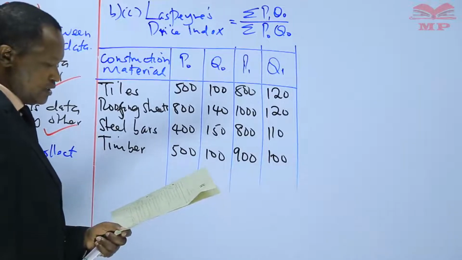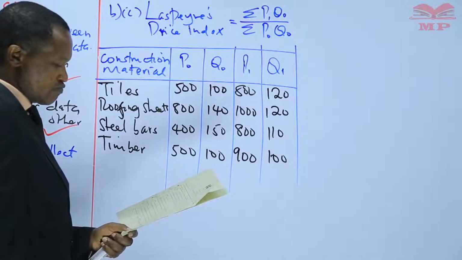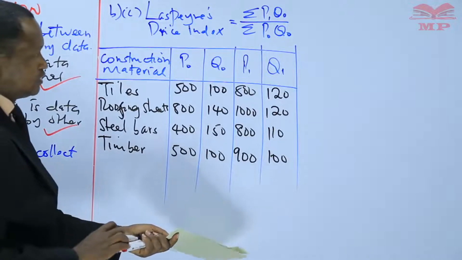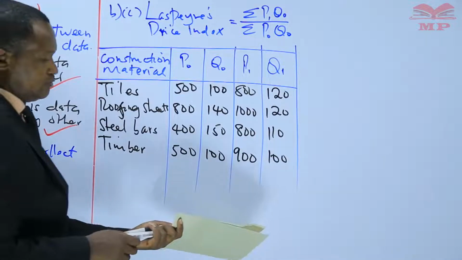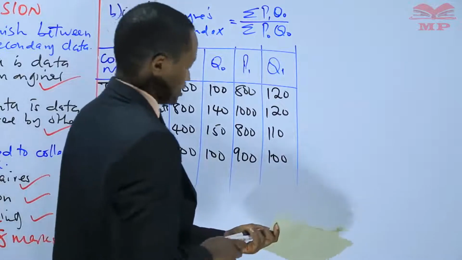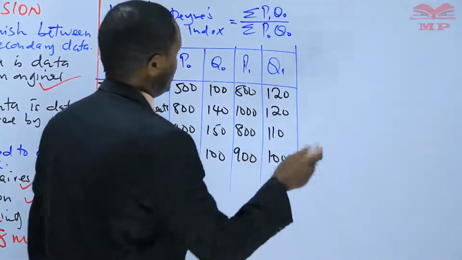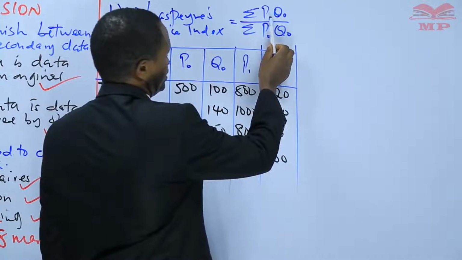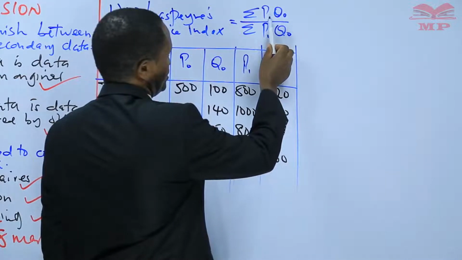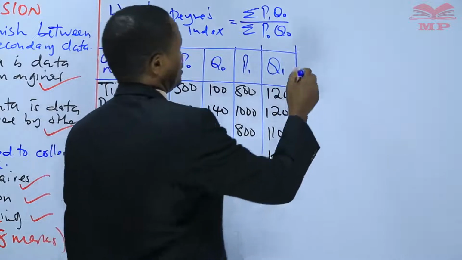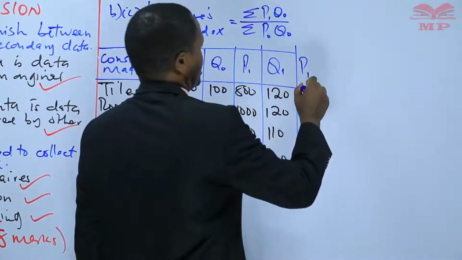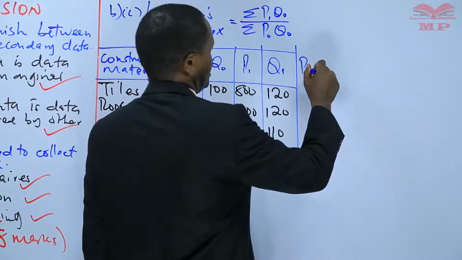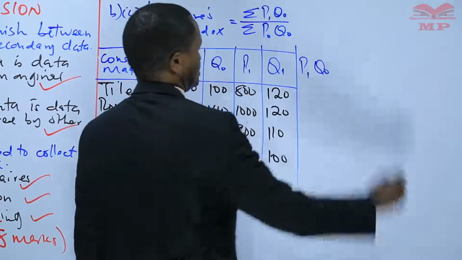100, this is the timber quantity. So we're going to have another column, and you can see we are being directed by the formula. We're going to get the sum of P1 Q0: current prices times the base quantities.